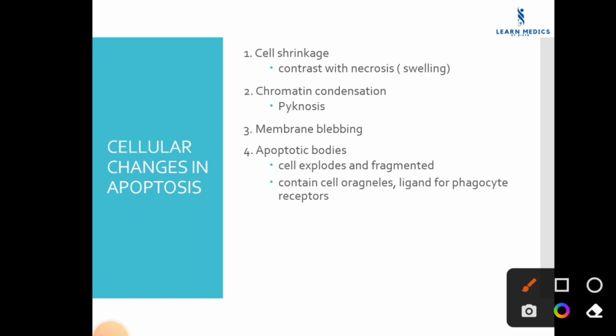Now we are going to deal with the cellular changes that occur in a cell undergoing apoptosis.